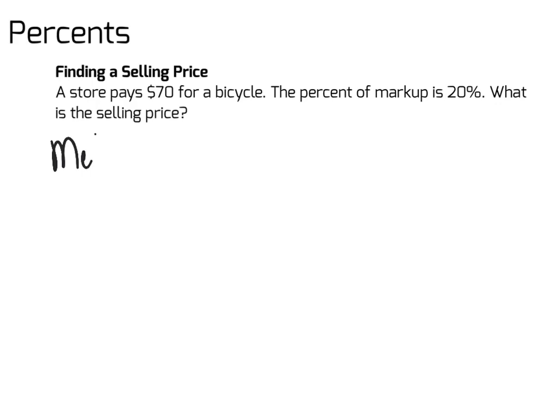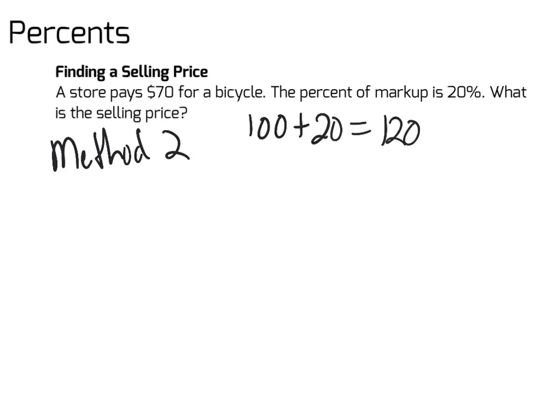Method 2 is similar to method 2 when we're finding a discount. Remember I said I always know that a number is 100% of itself. So if I want to increase that number by 20%, because a markup is an increase, I'm going to take 100 plus 20, and I'm going to get 120%. So really what I want is 120% of that $70, because I want 100% of itself, which would just be 70, plus another 20%.